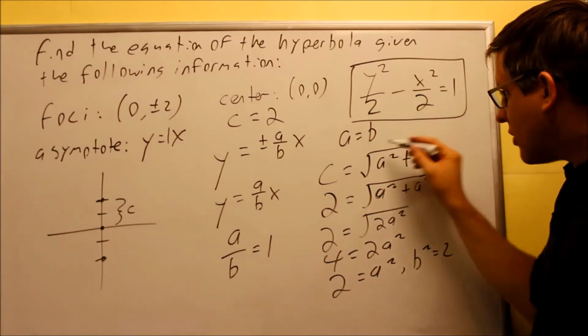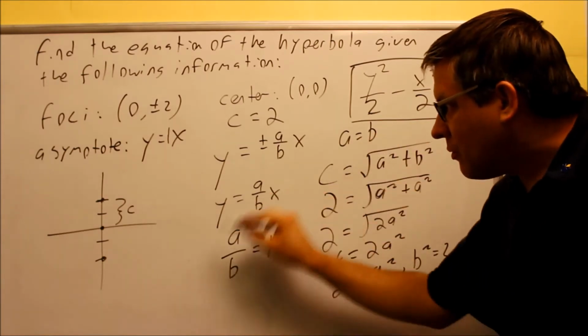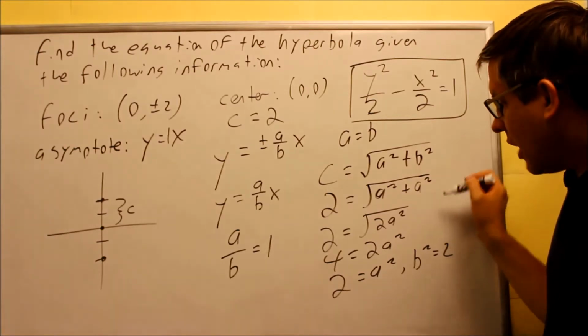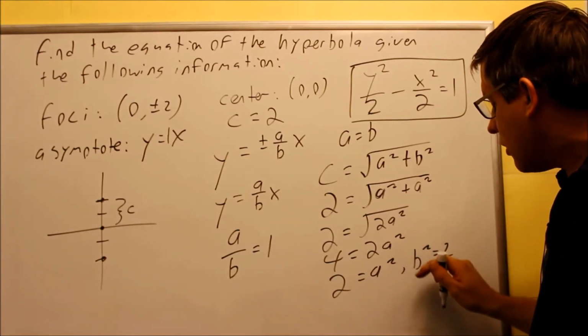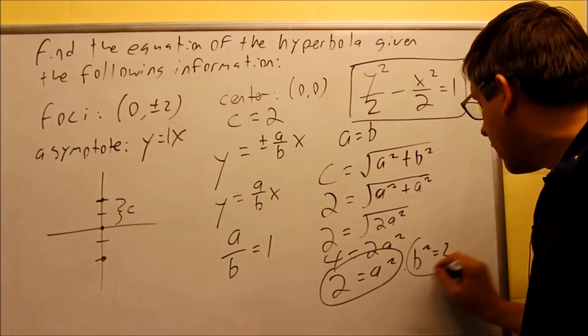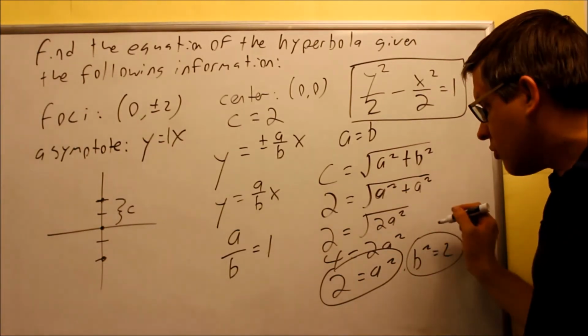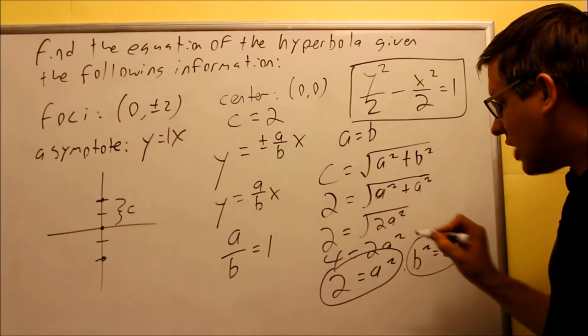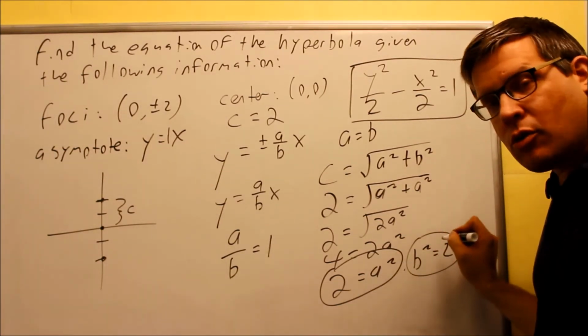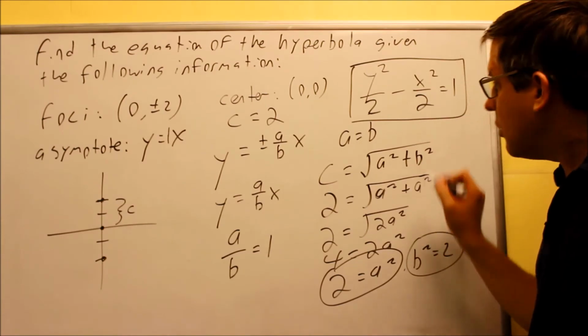Again, I use the fact that a equals b. All that came from my asymptote. I made a substitution here and solved for a squared, but then I also know that b squared is going to be true as well. The reason why is if a is equal to b, that means a squared is going to be equal to b squared as well. So they're equal to the same thing, and I know all that's going to be equal to 2.